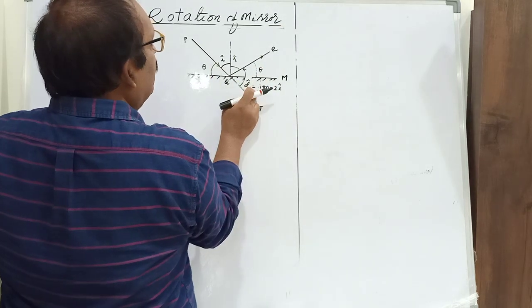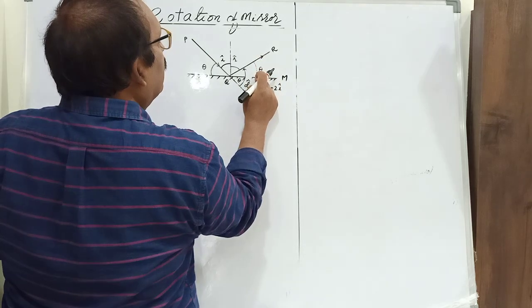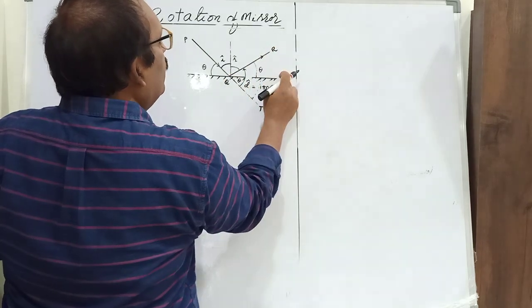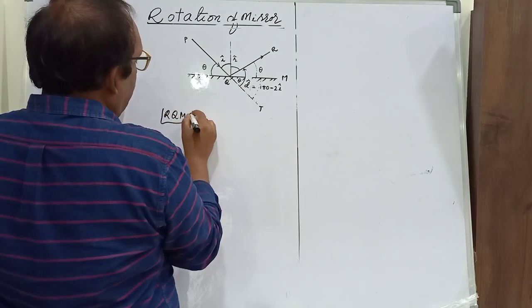Vertically opposite angles must also be the same. If this is theta, this is theta. So angle RQM is theta.